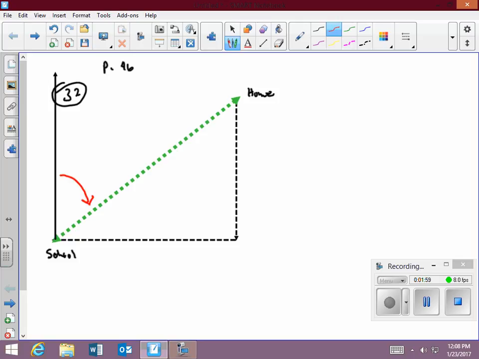If I give you something like this, I would establish the angle. I would say that the angle is 40 degrees, or maybe this angle is 60 degrees or something.